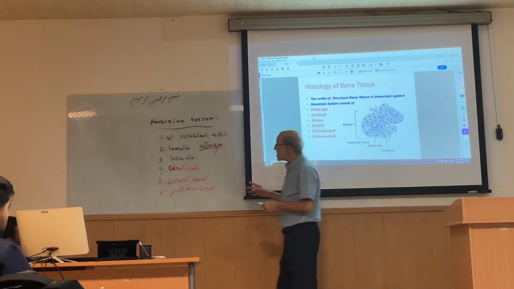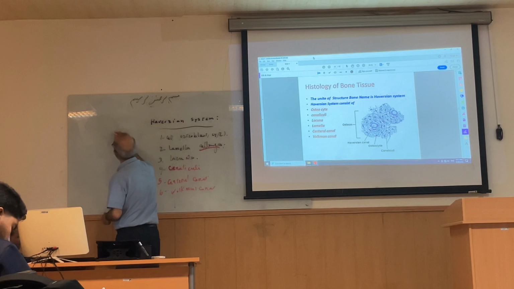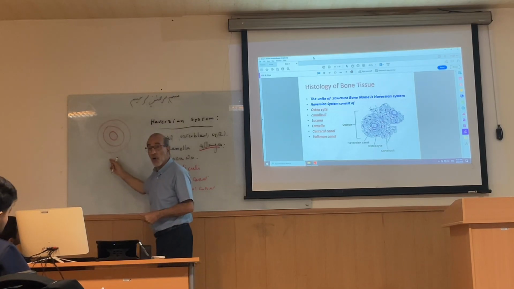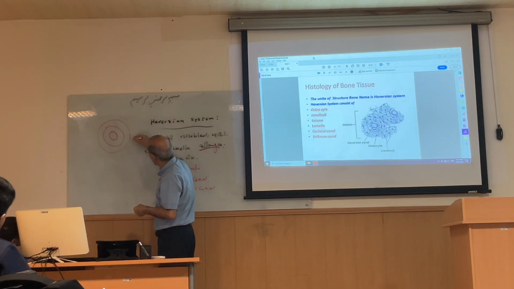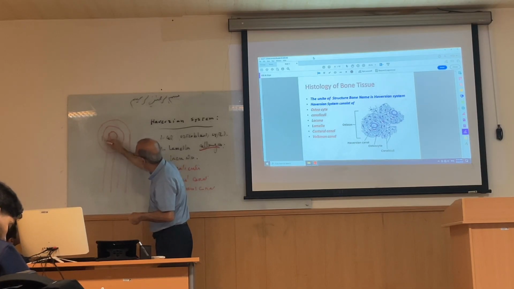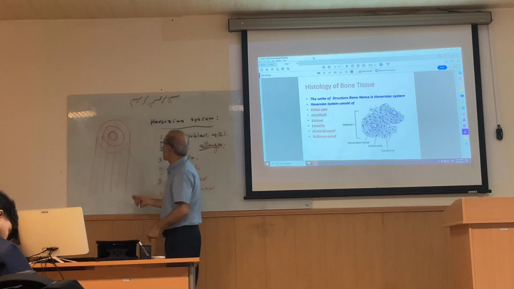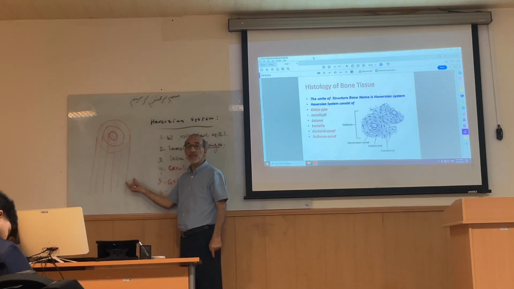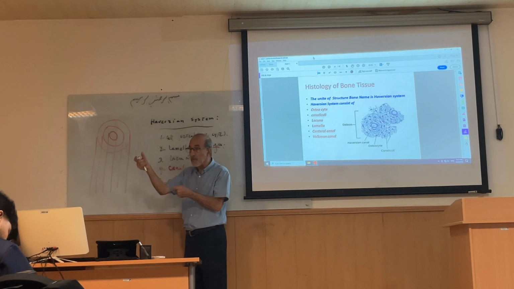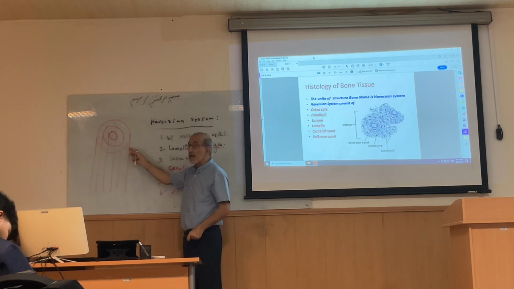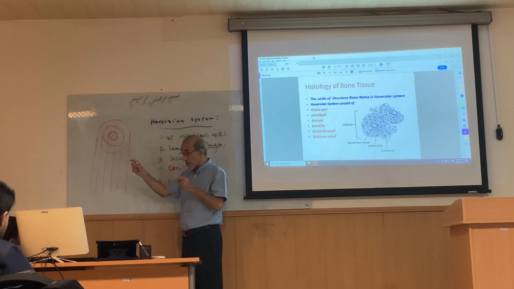The Haversian system consists of circular forms of lamella. Look at the structure from above and then laterally. It is like the antenna of a radio. Peripheral lamellae have a very large diameter.